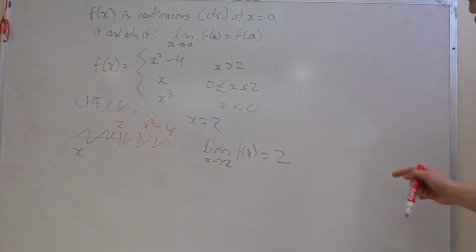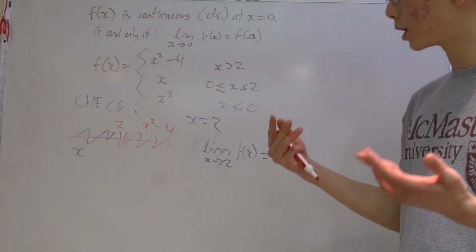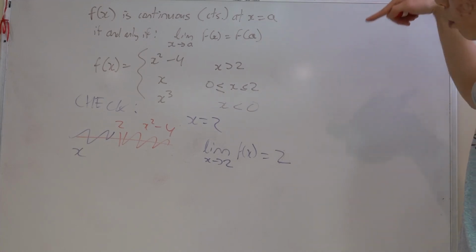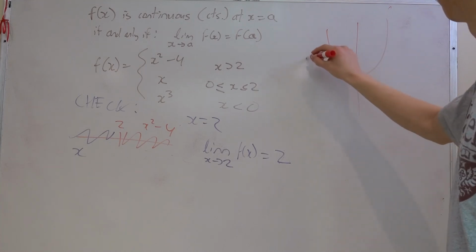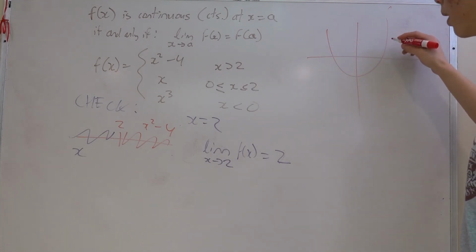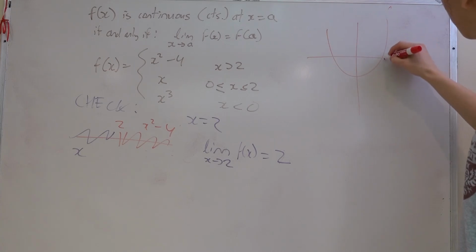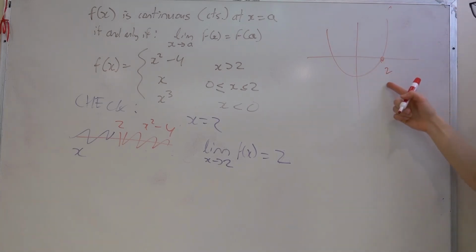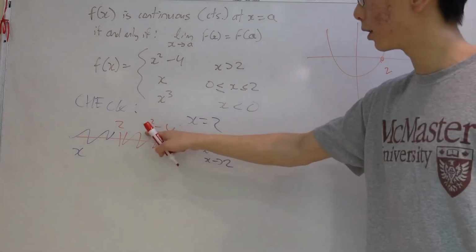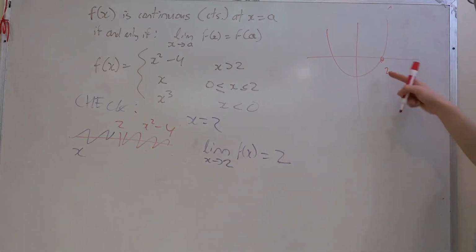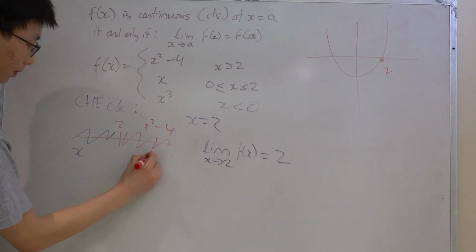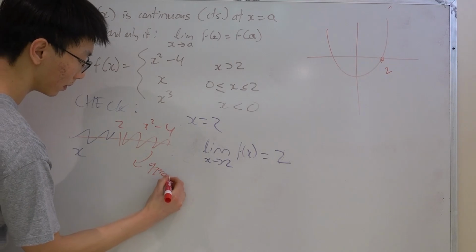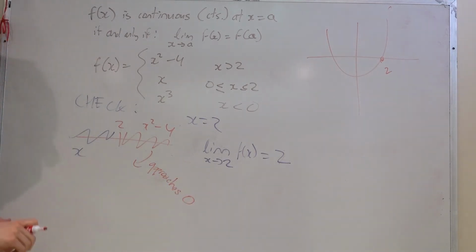Because x squared minus 4 is continuous and smooth, you can just plug in a 2 and get 0. So x squared minus 4 is approaching 0 as we approach 2.